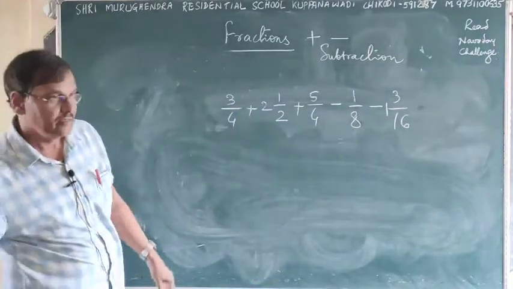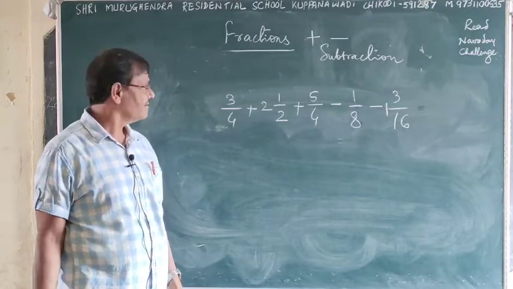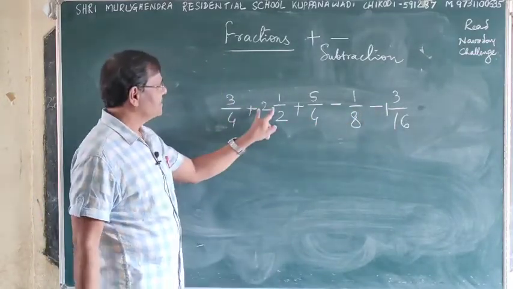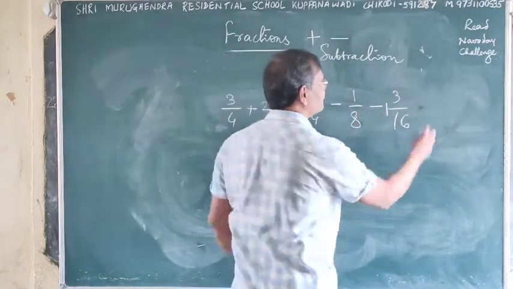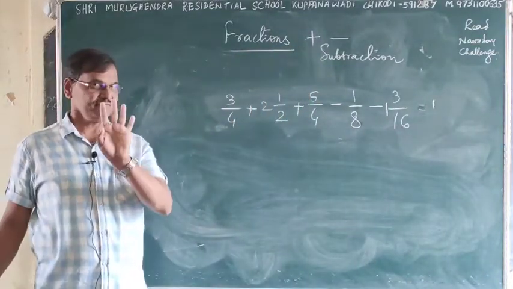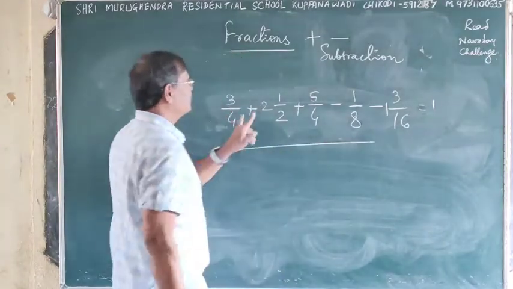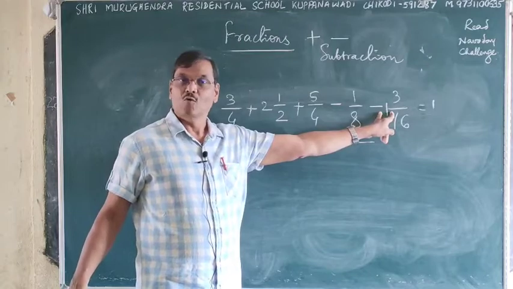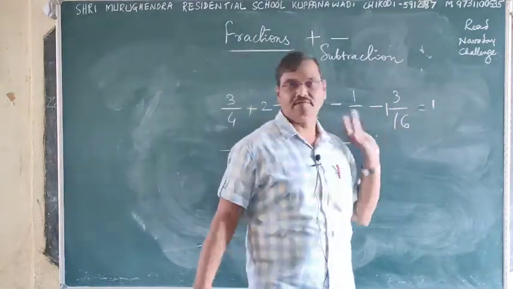See, sometimes we have to make it easy. 2 and 1. See here, 2 minus 1 is 1 remained. Then here we should not consider these whole numbers. Already 2 minus 1 is 1.